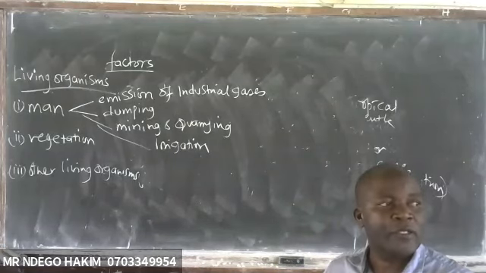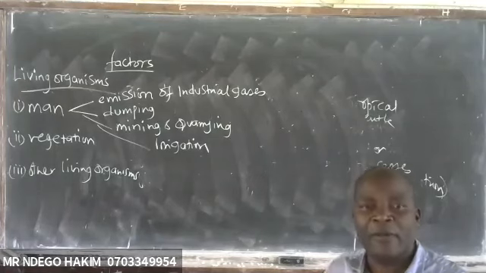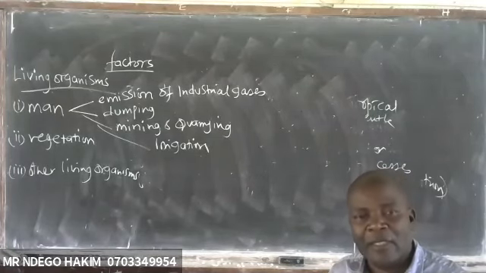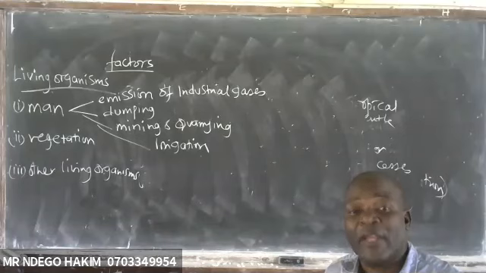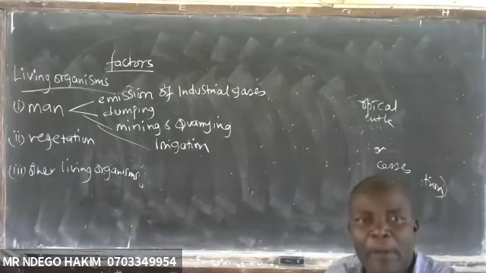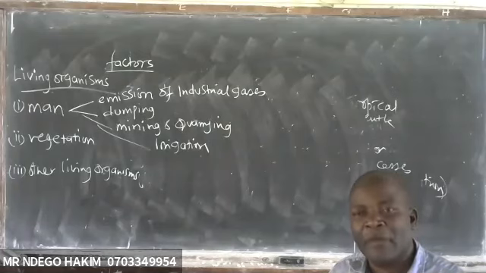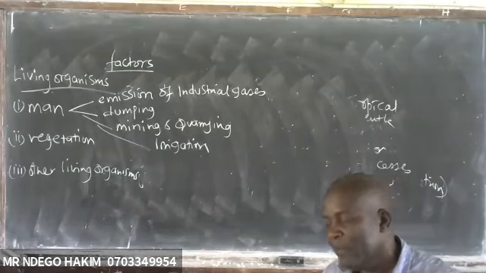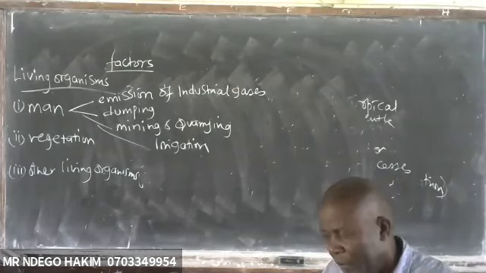And when there is an increase in the acidity of the environment, that is accelerating the rate of chemical weathering through the process of carbonation. That is man: emission of industrial gases, dumping on land.